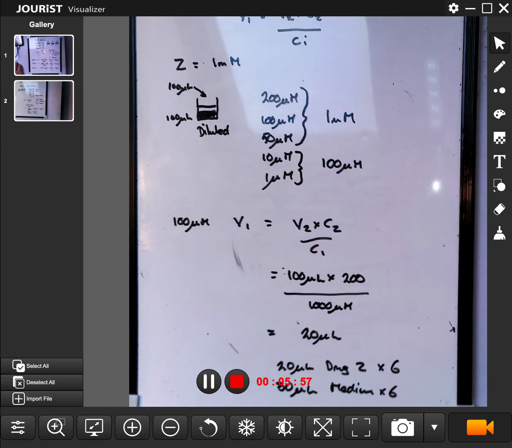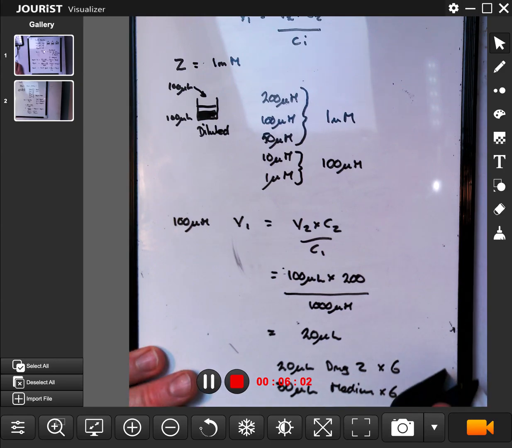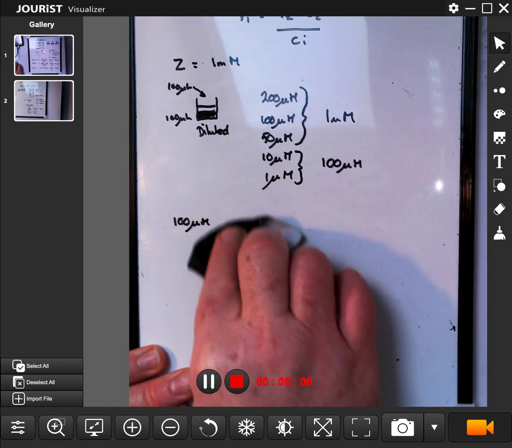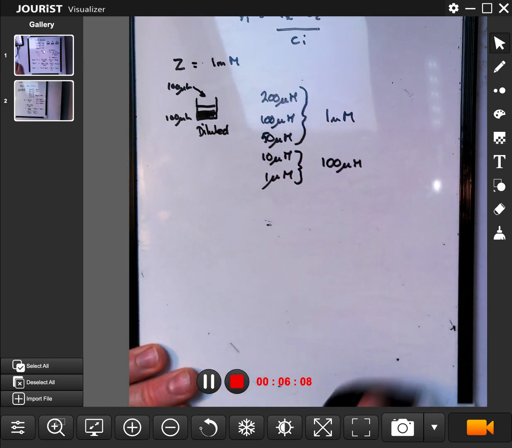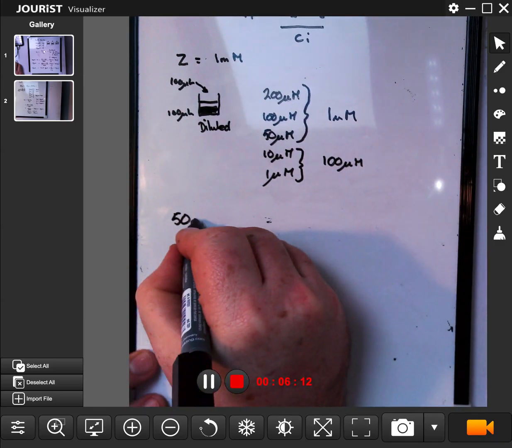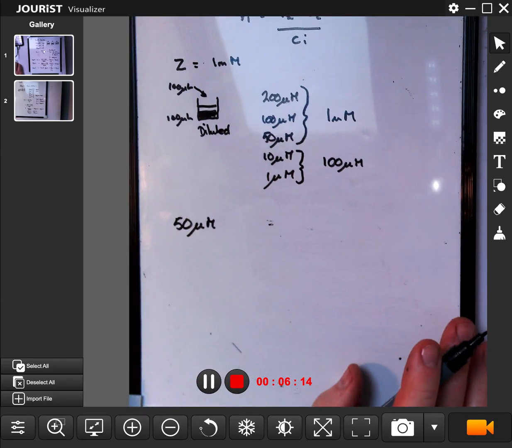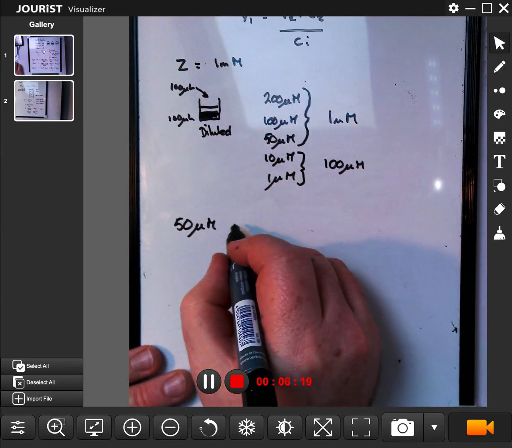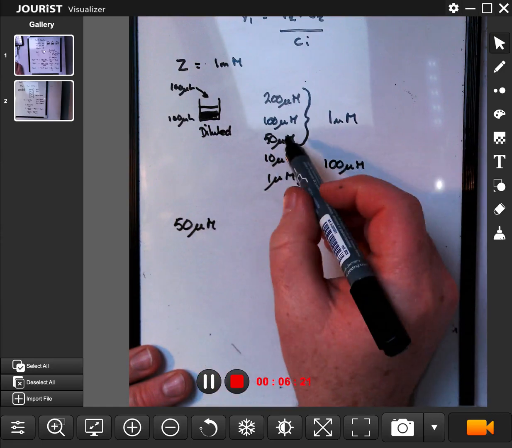Well, we can keep on going like this. And the next one's 50 micromoles. We can run through the entire calculation as before, but 50 micromoles is half of 100 micromoles.